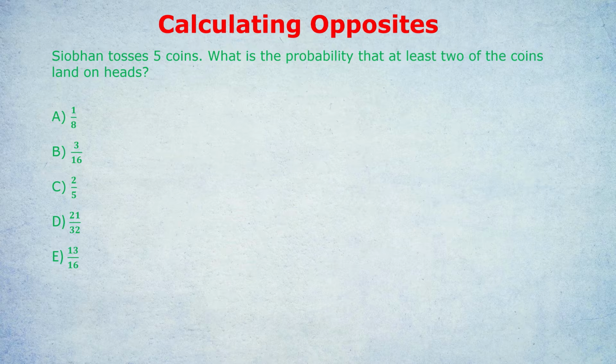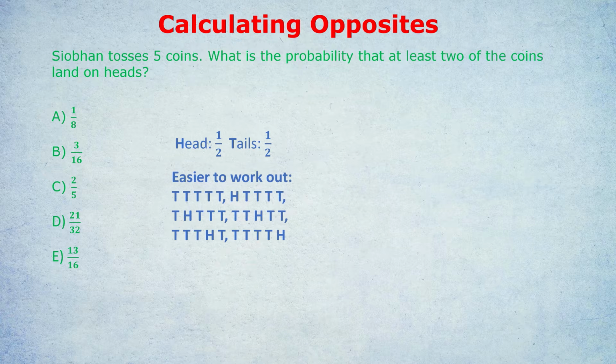And notice that latter scenario sounded a lot shorter than the former first scenario. Let me demonstrate. Heads, we're going to call H, of course, a half. Tails, T, a half. And it is easier to work out the opposite, not getting at least 2. Remember the phrase at least. It's a very important phrase to notice. I have done another video on this that you can check out.